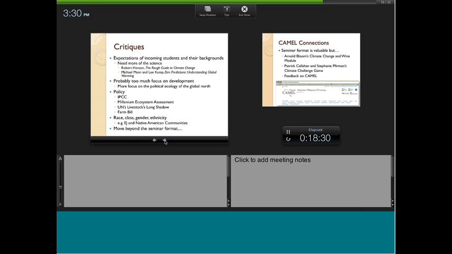Another critique, and again, this is probably more reflective of my background than anything else, is that I think I focused too much on development. We didn't spend as much time thinking about some of the communities here in the global north. I think this might even be a region for more research. A lot of the students are thinking about sustainable ag.